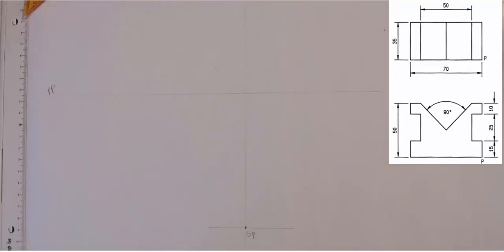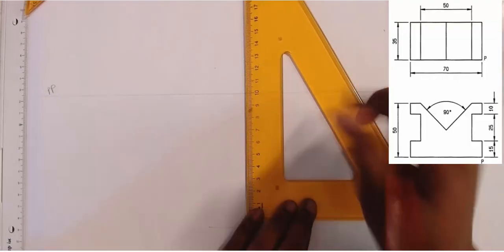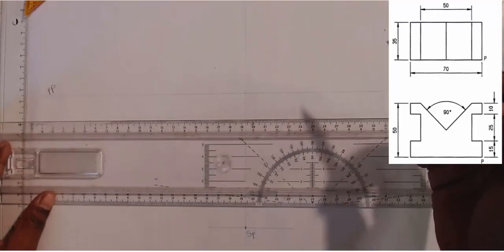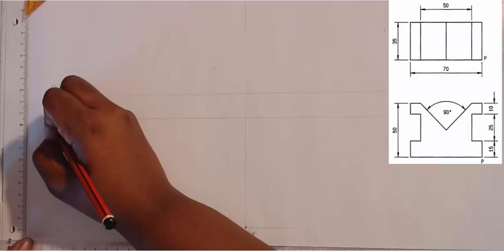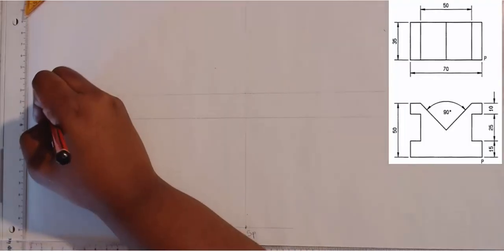Then what else do they say? Then they talk about from the picture plane to the horizontal plane, 20 millimeters. Okay, that is the horizontal line. Let me get darker.